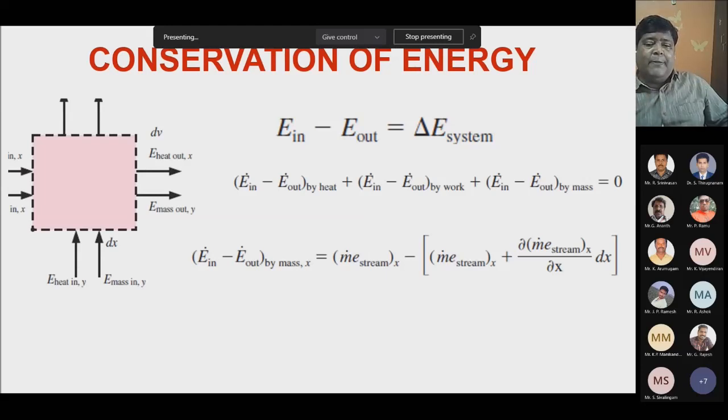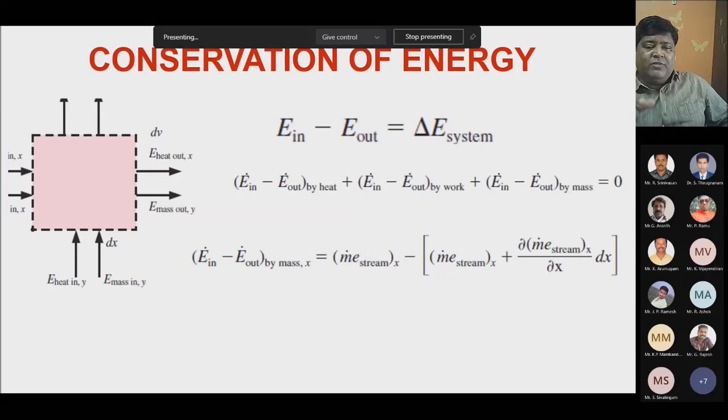On the right hand side, you can see what will happen. The energy entering due to mass, when it's coming out, that energy may come out, plus maybe there is some change in energy because of heat supplied inside. That is mathematically written as: m dot E at x face, that is the left hand face, is equal to the energy leaving at the right hand face, m dot E plus the change in that energy, dou m dot E by dou x into dx.